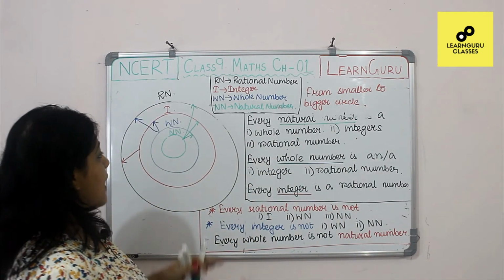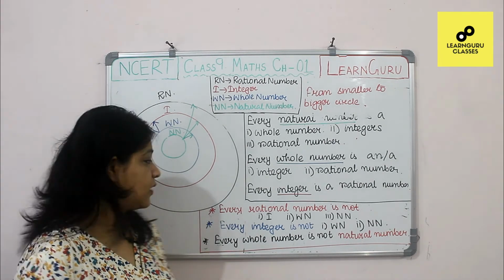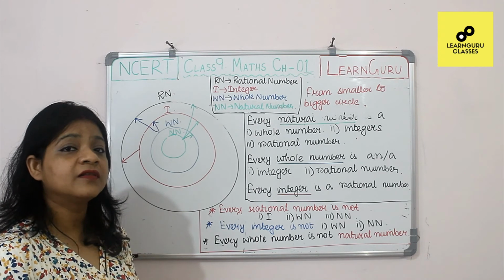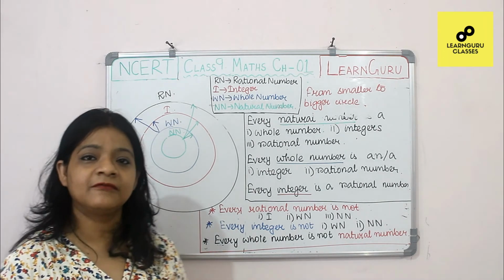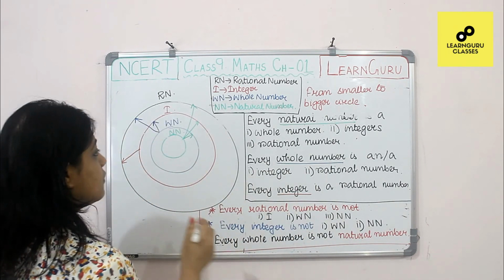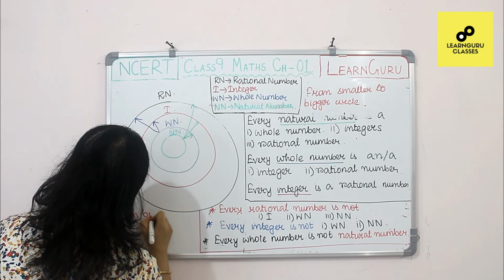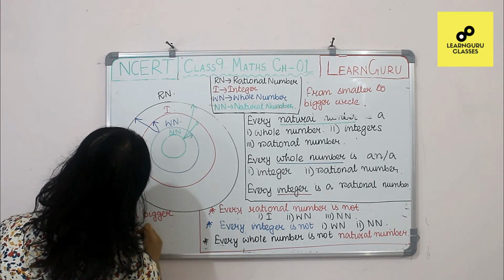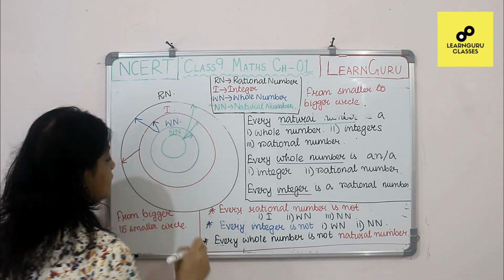Now let's move from the bigger to the smaller circles, which is not allowed. This is the convention that I have taken for better understanding of the statements. From bigger to smaller circle, what can we say?